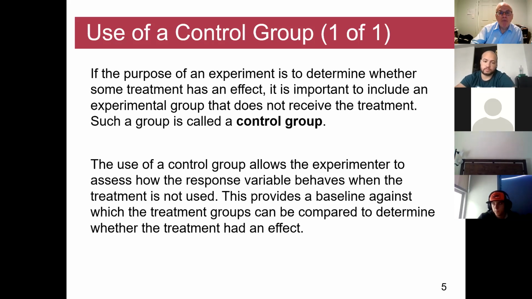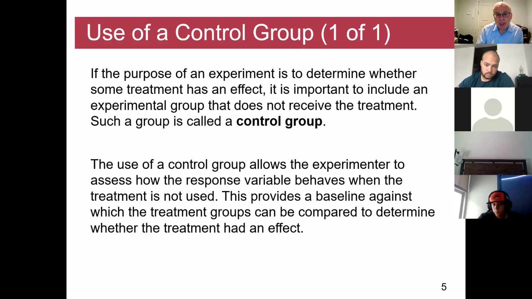So the use of a control group allows the person doing the experiment to determine how the response variable behaves when the treatment is not used. So it's basically a baseline for comparison. We have our group that is taking the actual drug, and then we have a group that may think they're taking the drug, but they're not.